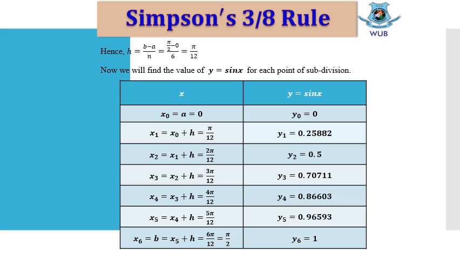When x equals 0, that means a equals 0, then y0 equals 0. Then x1 equals pi/12, and y1 equals the corresponding number. You have to find that. In this way, you have to calculate up to x6 and then get y6 equals 1.